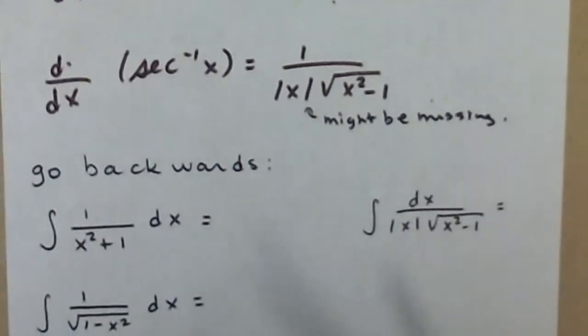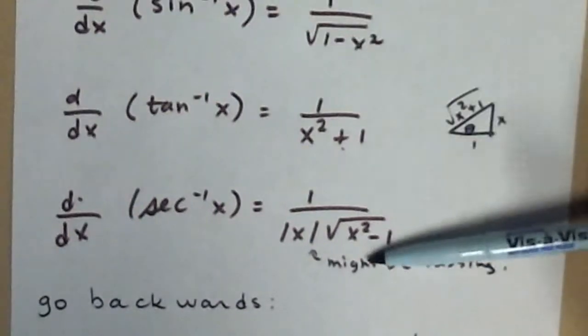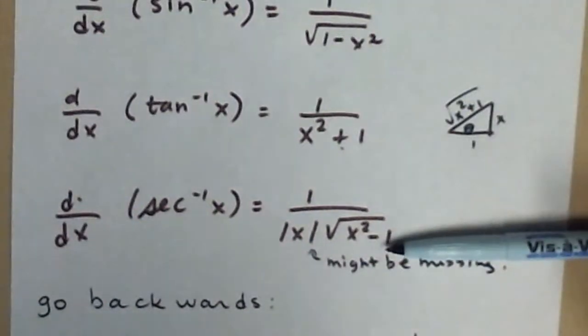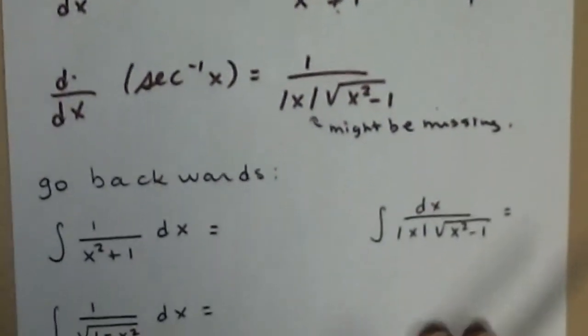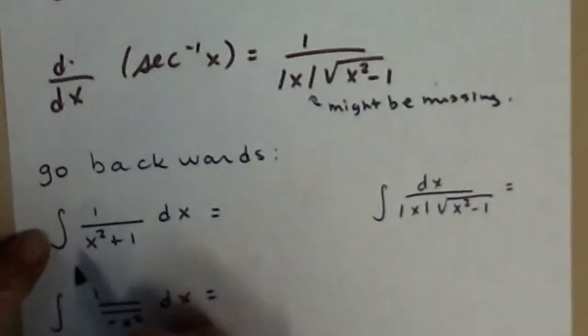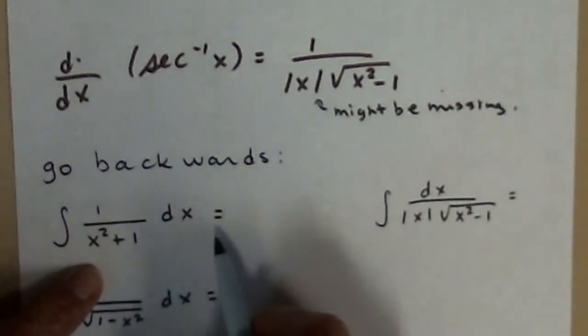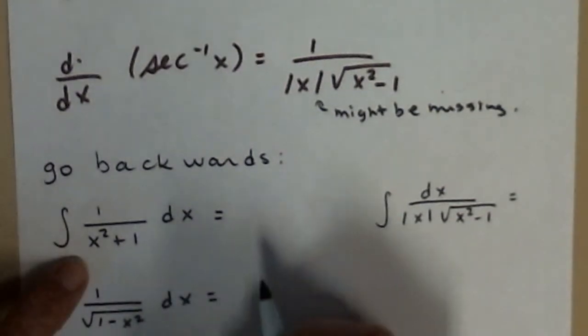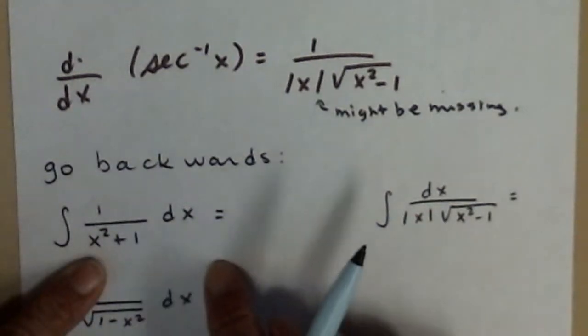So what we're talking about today, though, is going backwards. And if we have the right sides, and we're asked to find the antiderivative, we can go back. So if I want to find the antiderivative of 1 over x squared plus 1, I need to find what function has this as its derivative, right, from the fundamental theorem of calculus.